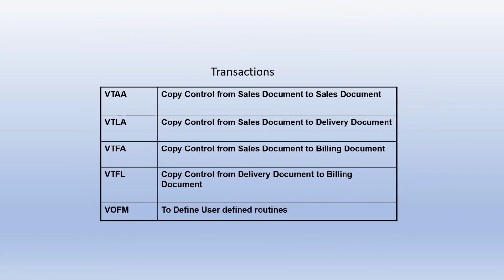You can go through these transactions: VTAA, VTLA, VTFA. If you directly enter the transaction, the copy control screen will open up. And VOFM is the place where we define all the routines and requirements. That is the transaction VOFM.